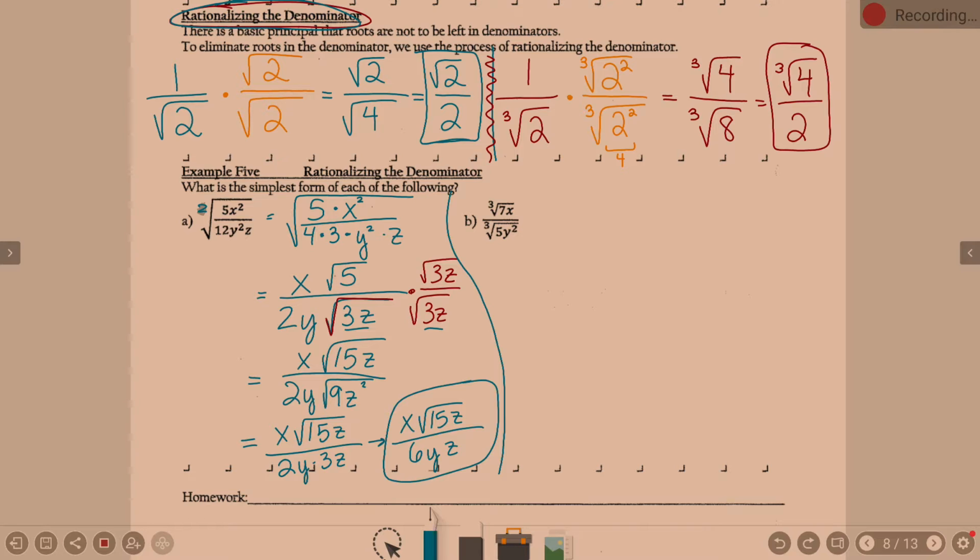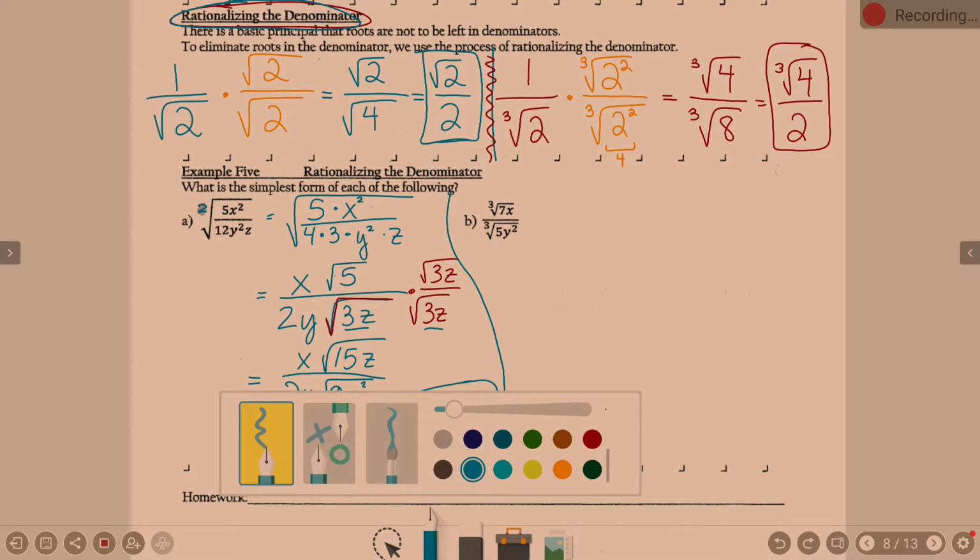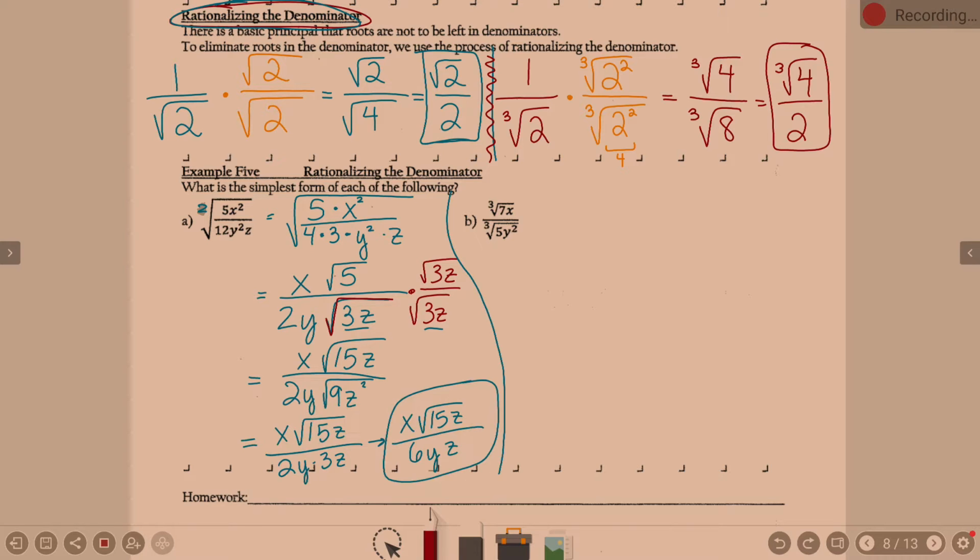We're going to multiply this denominator by something that's going to give me a perfect cube. How many of something does it take to make a perfect cube? 3 of something. Okay. I have a 5.